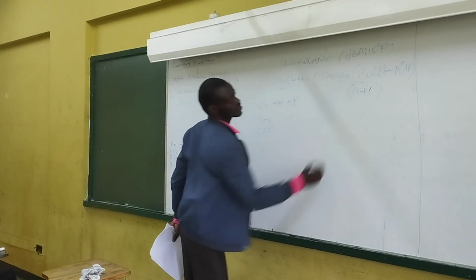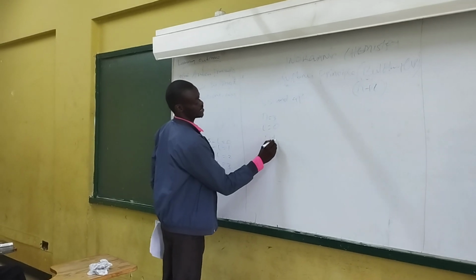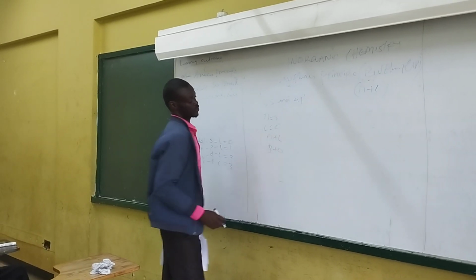And from our formula, n plus l, it is 3 plus 0.